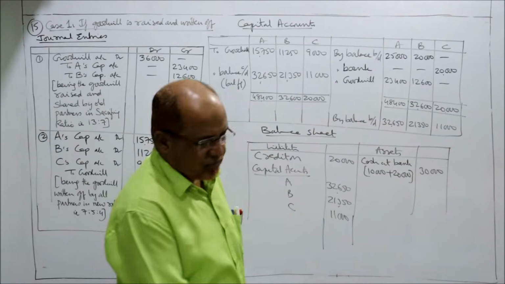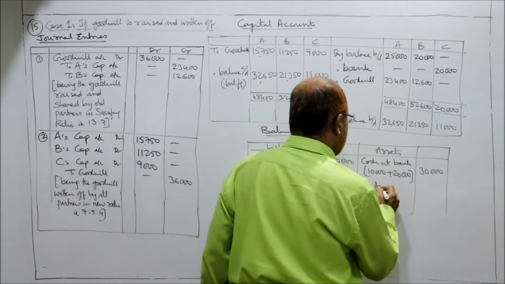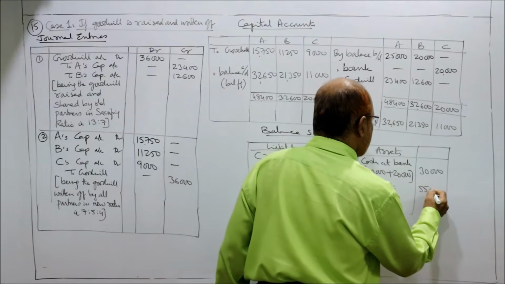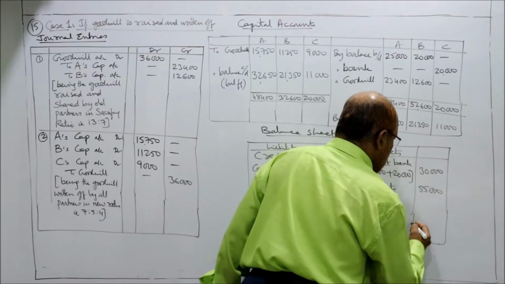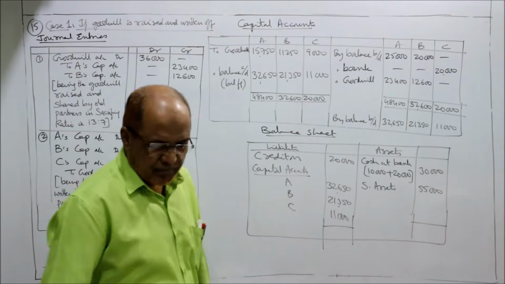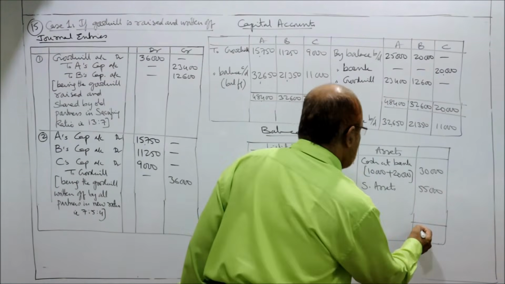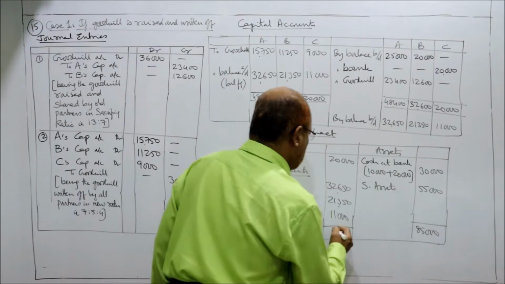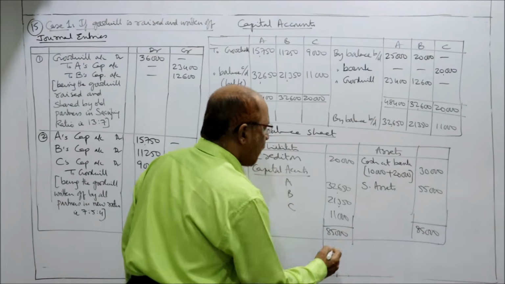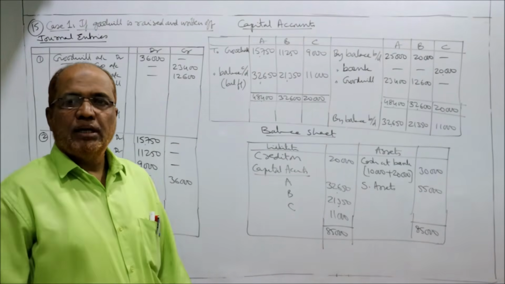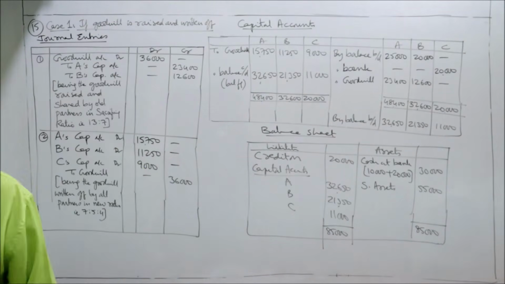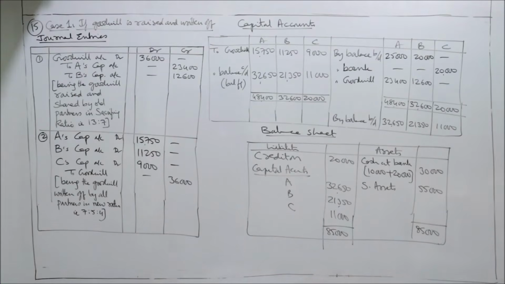Then sundry assets 55,000. That's all. Balance sheet completed. Total is 85,000. We have completed case 1.